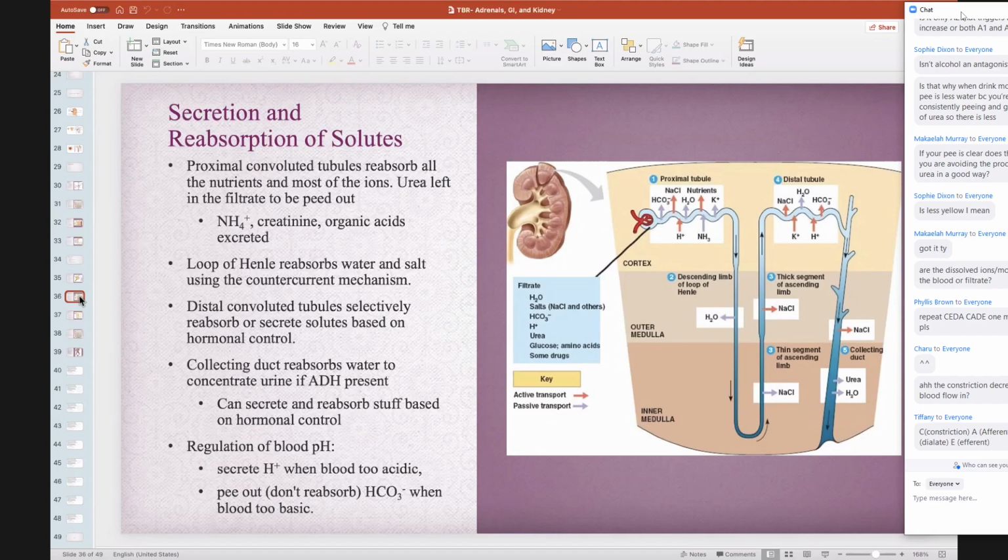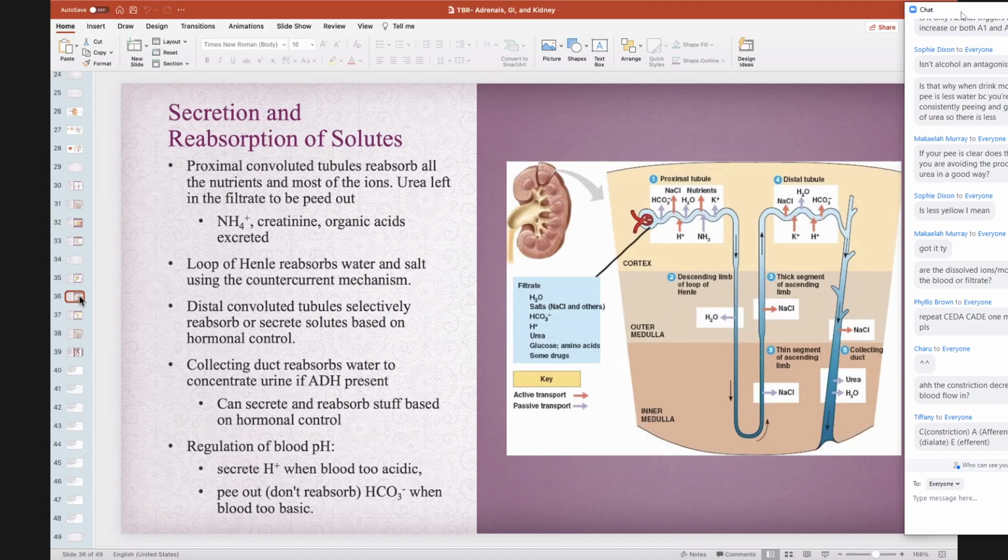So if you're secreting things into this nephron, you're secreting them out. But if you're bringing them back into the renal cortex or the renal medulla, you're absorbing them back into the body.